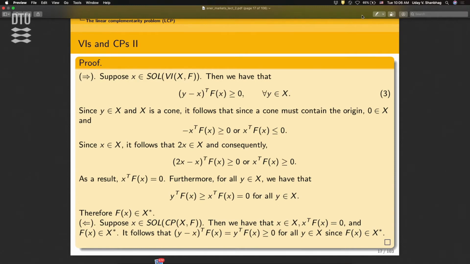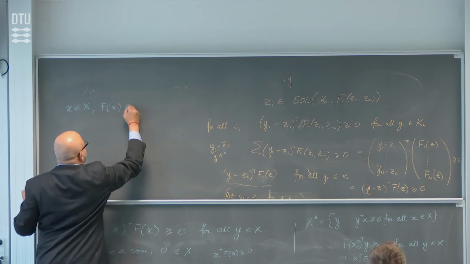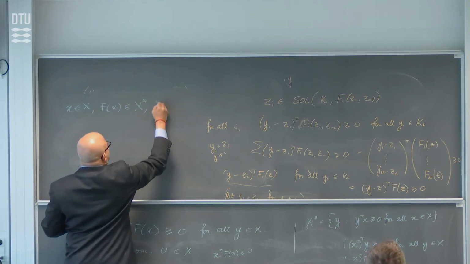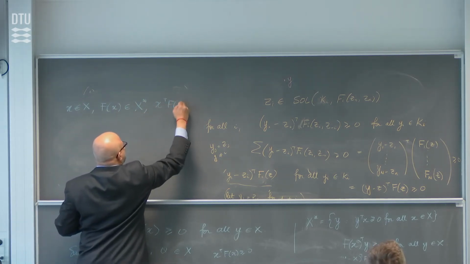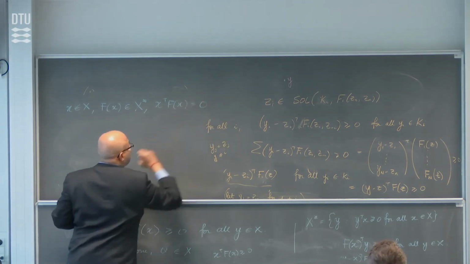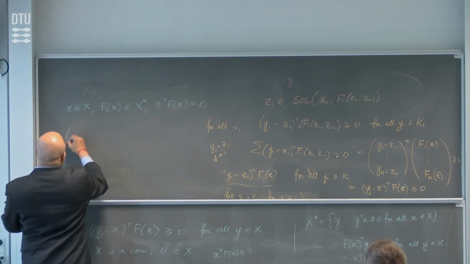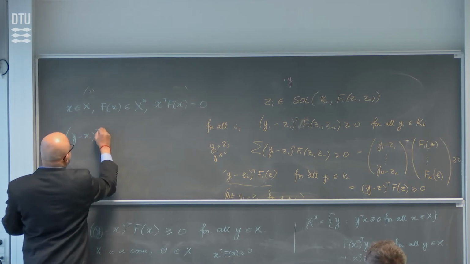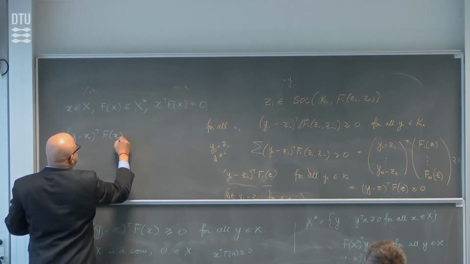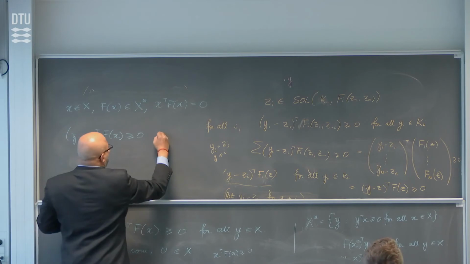So I know that x lies in X, f of x lies in X star, and x transpose f of x is 0. I need to show that x satisfies this property for all y in X.